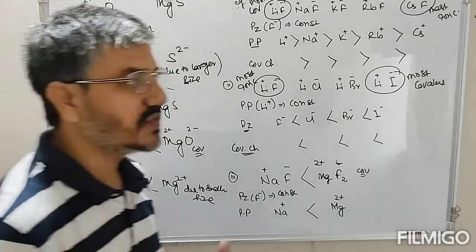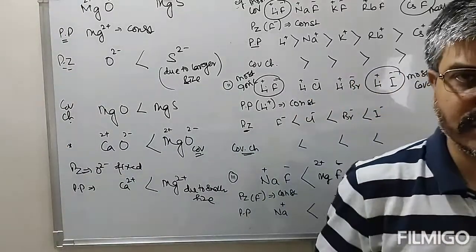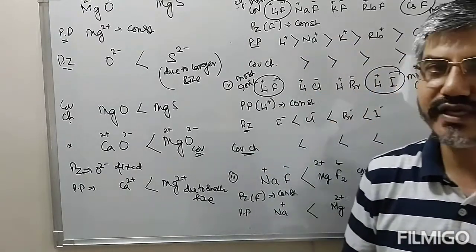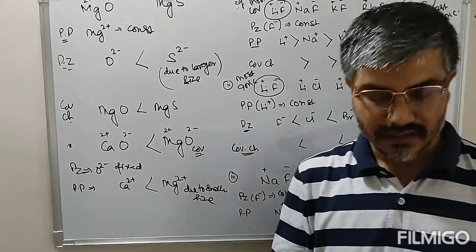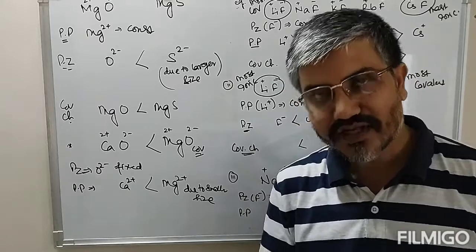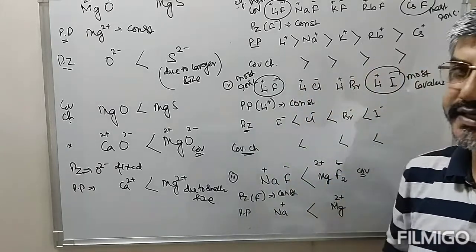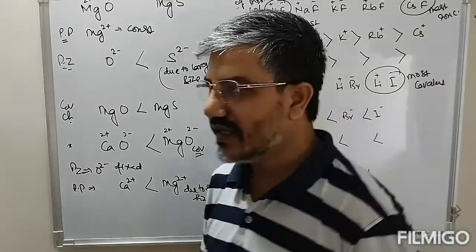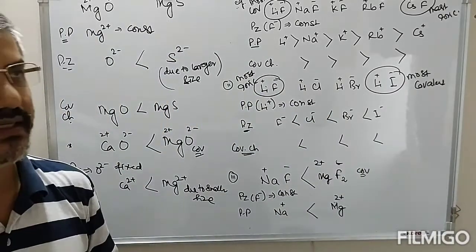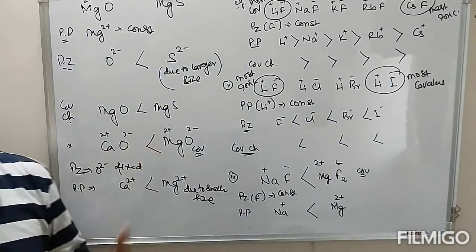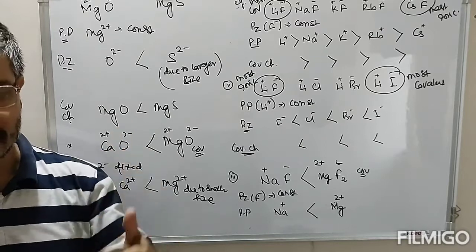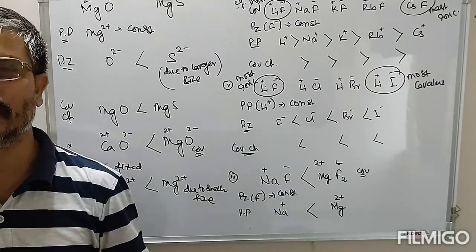So by use of this polarizing power and polarizability that is based on Fajan, we can easily compare the covalent character in any ionic compound. Now as the covalent character increases, the general features of ionic compound will decrease in value.